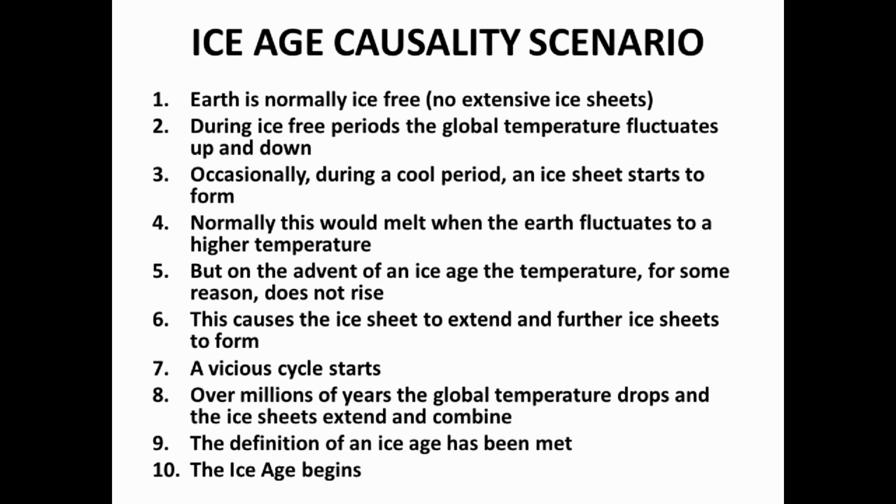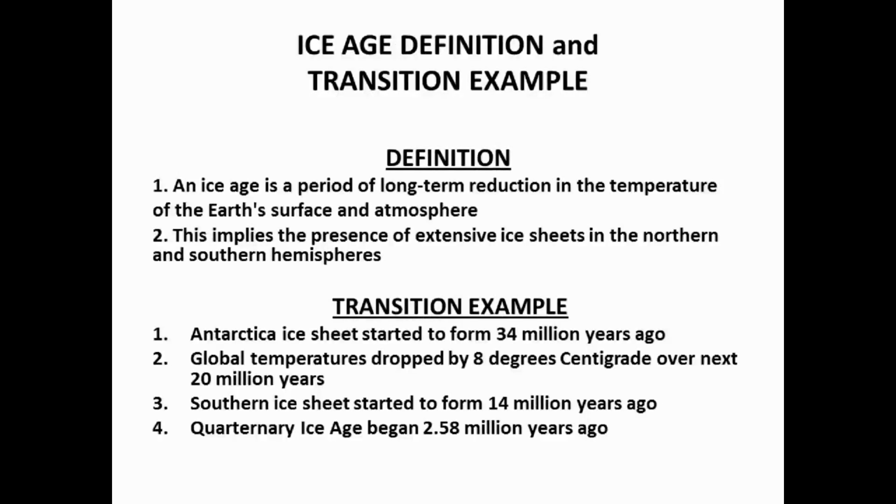A vicious cycle has now started where, over millions of years, the ice sheets extend and combine. And this process continues to the extent that the definition of an ice age is met, and the ice age begins by definition.